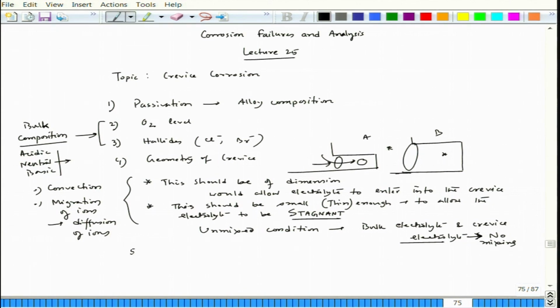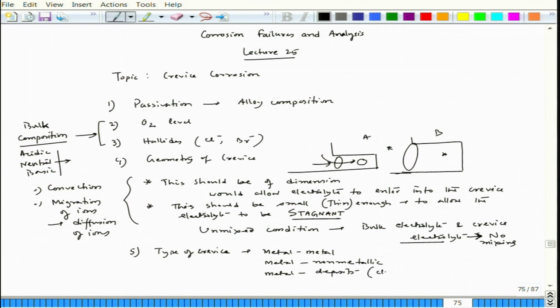Then lastly, we can say that type of crevice. Type of crevice means it can have metal, for example, metallic washer used during tightening of a bolt, or it could be non-metallic washer and metal during tightening of a bolt, or it could be metal and deposits.